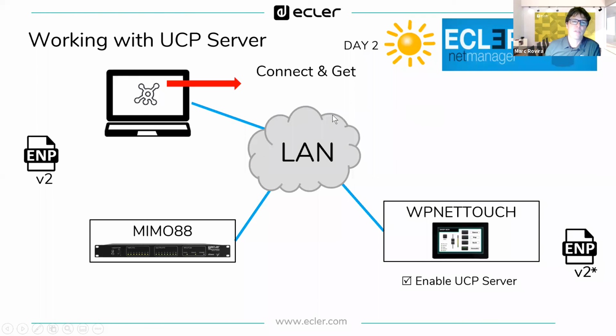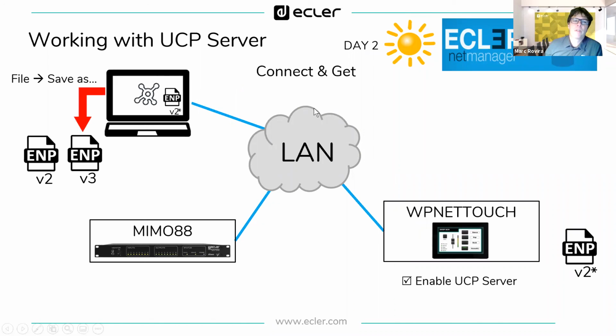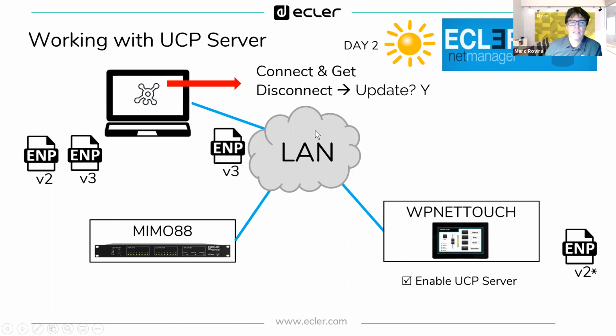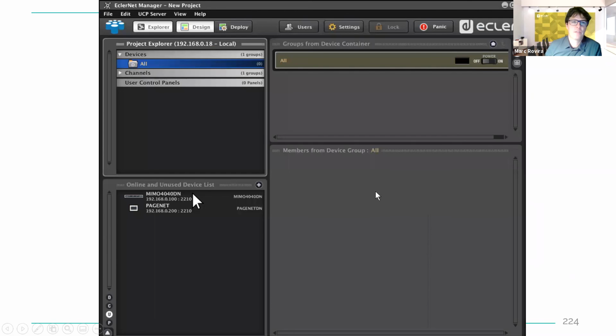You go there, you connect and get the last modification from the user, so you will not change volumes of zones or whatever. You will save it as version 3 in your file because you have modified some things and you want to keep track of whatever has happened, and then you disconnect and everything is updated. Okay, this is the way to work.